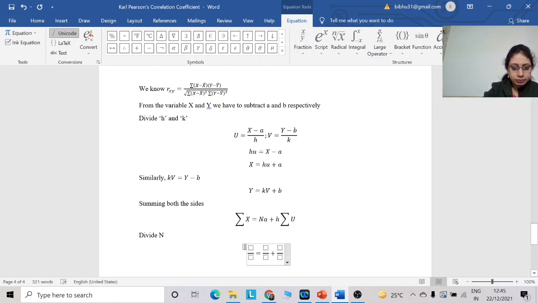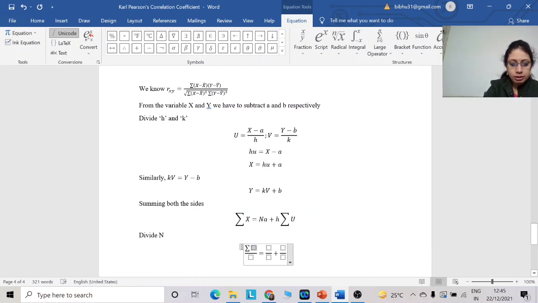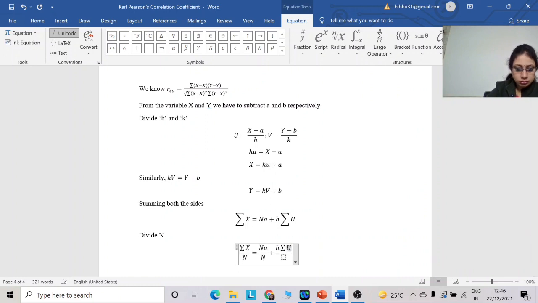So now we will divide by n: summation of x by n, and now na by n, and h summation of u by n.